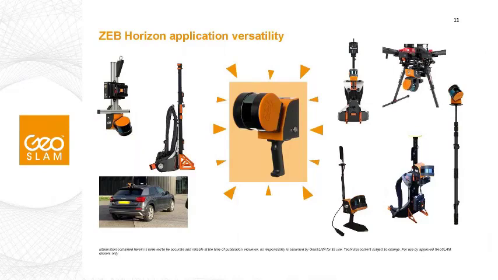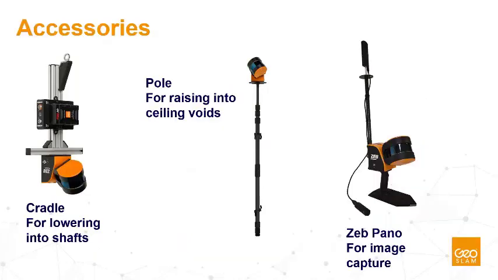So this is taken from our product catalog. You see that in the center you have ZEP Horizon, and you have many different possibilities to mount it on different platforms. So in terms of accessories, I already mentioned a cradle for lowering it into deep shafts.